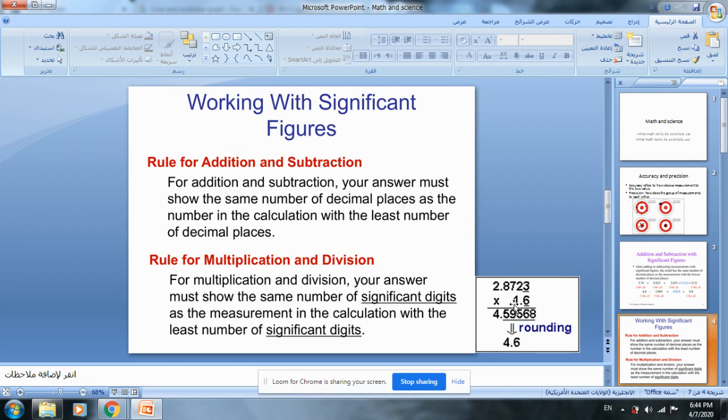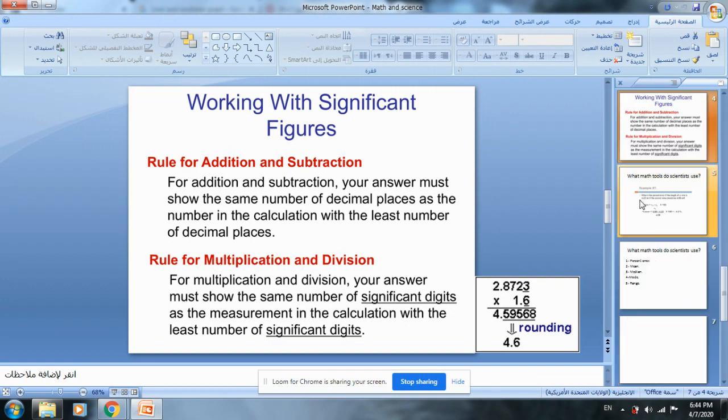And how many decimal places? One decimal place, because we have only one number after the decimal point. Here we have five significant figures. How many decimal places? One, two, three, four decimal places. So in the multiplication rule, we use significant figures, not decimal places. This point is very important.